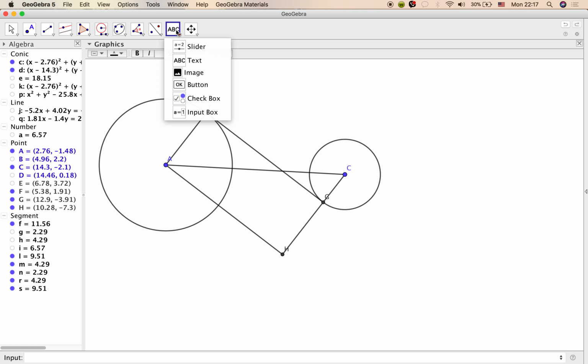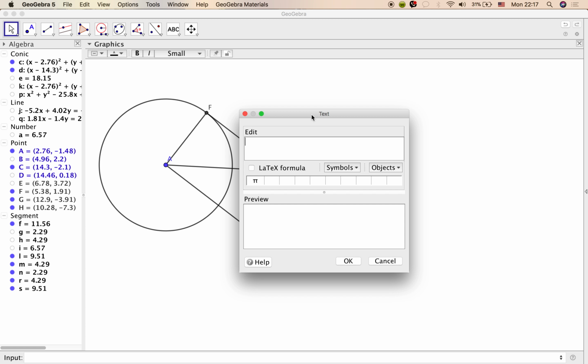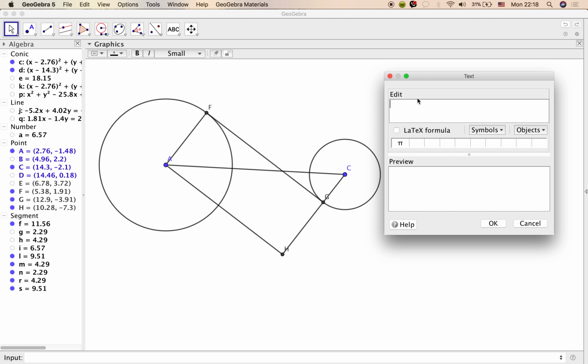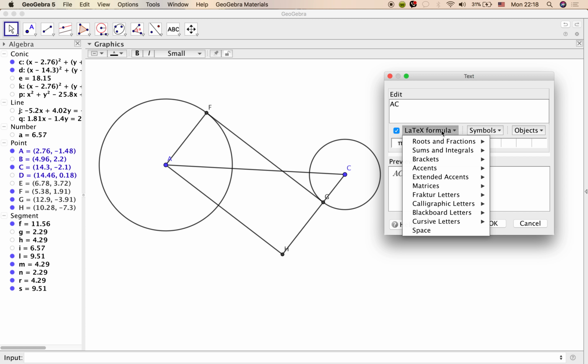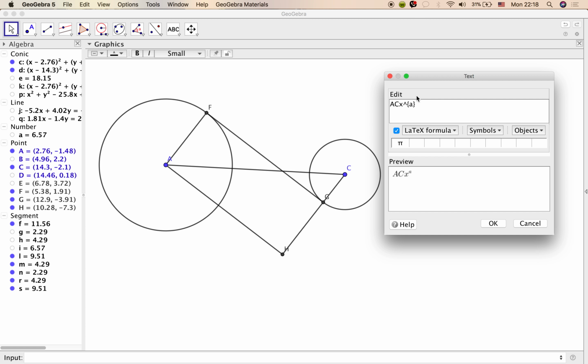And we want to enter a text here. So now we are saying that AC squared, we go on symbol, LaTeX formula, and then roots and fraction to select the squared.